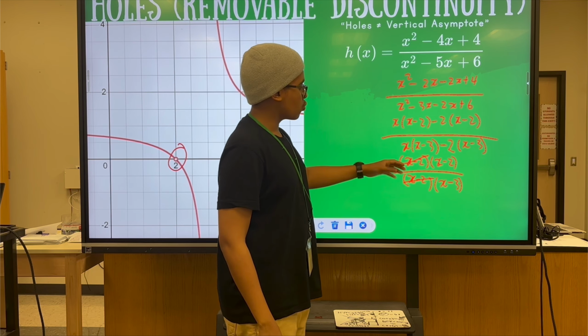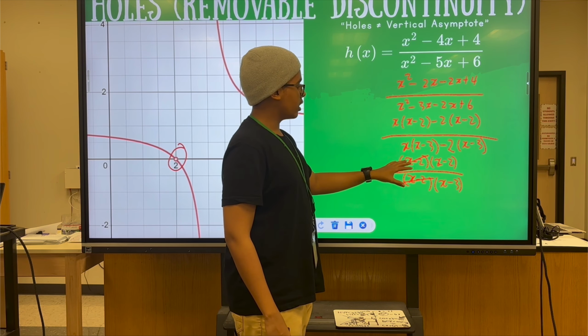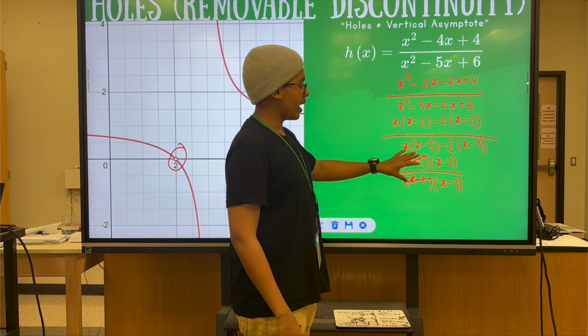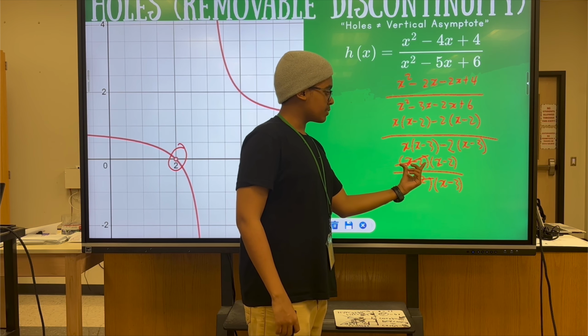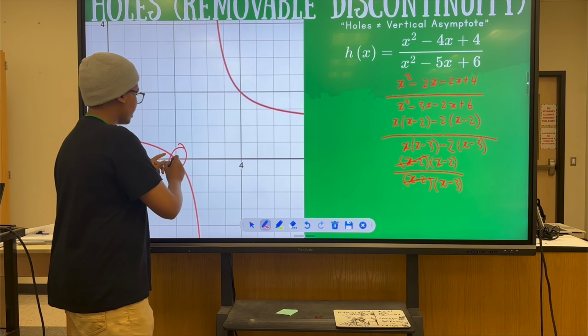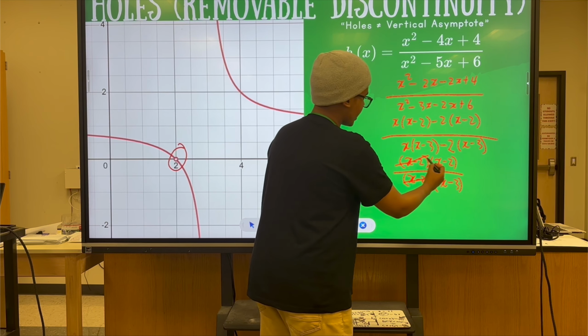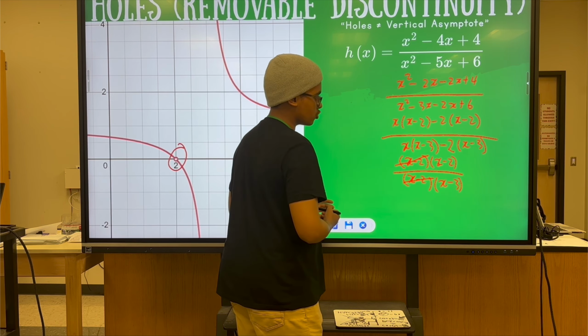A hole occurs when a term from the numerator and the denominator can cancel each other out, and the root of that term describes the x coordinate of the hole. What I mean by that is you essentially canceled out x minus 2 right there.